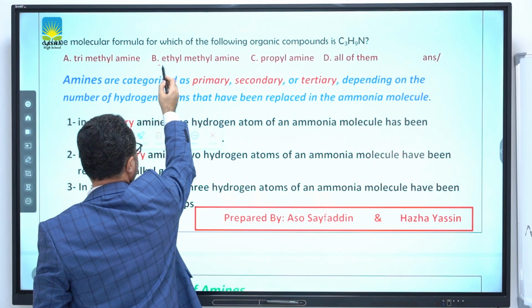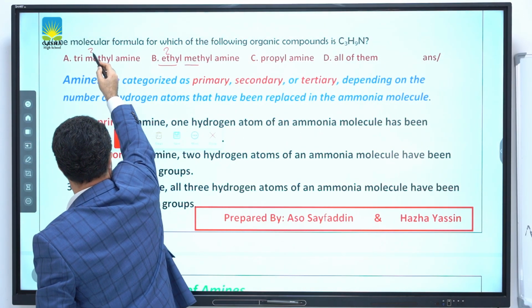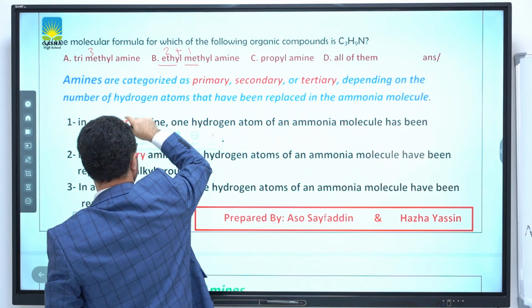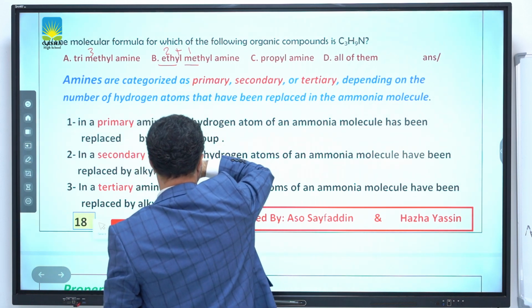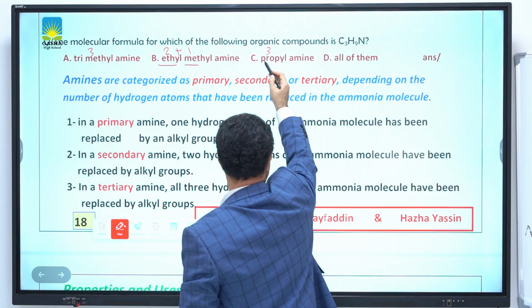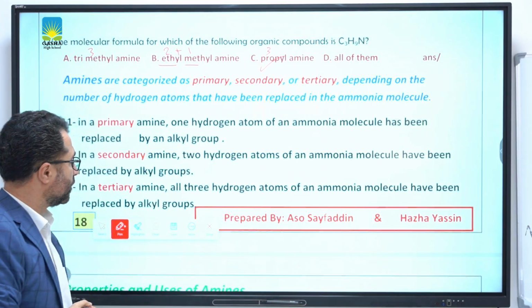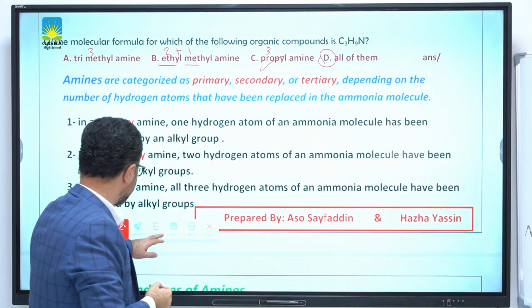But B is ethyl methyl. Ethyl has 2 carbons, and methyl is 1, so it will be 3. Also B is true. And propylamine. Propyl has 3 carbons. And C is also correct. So it will be all of them.